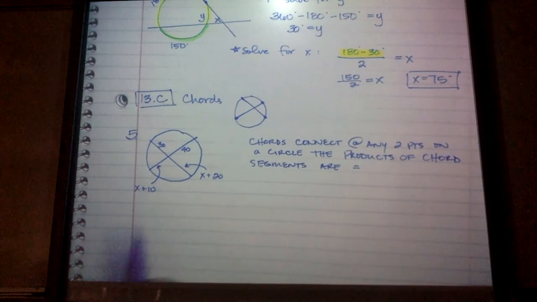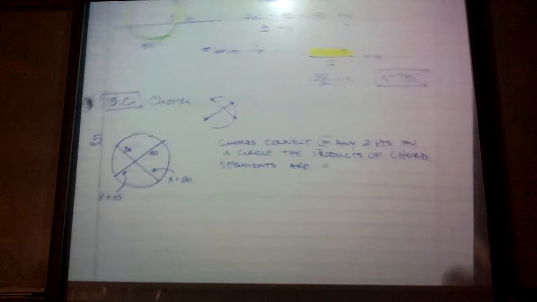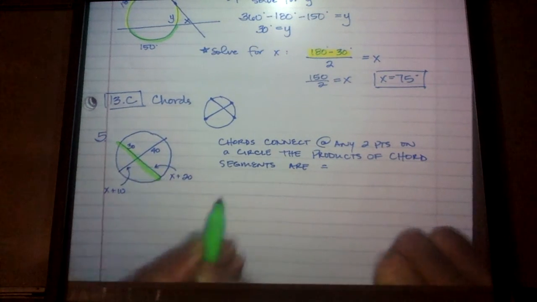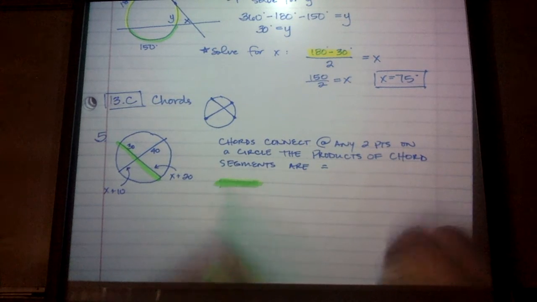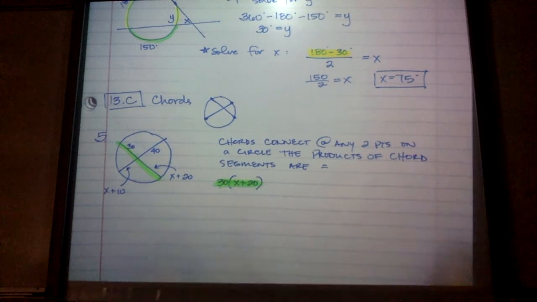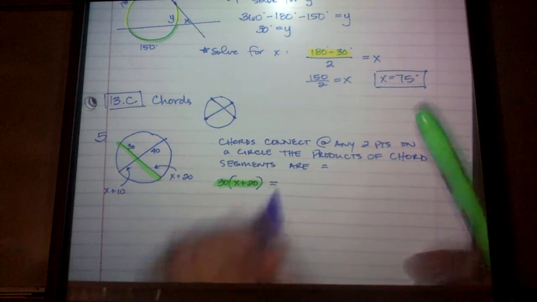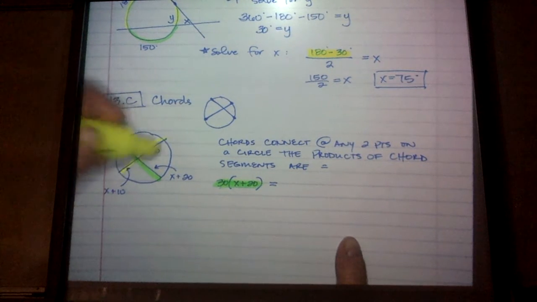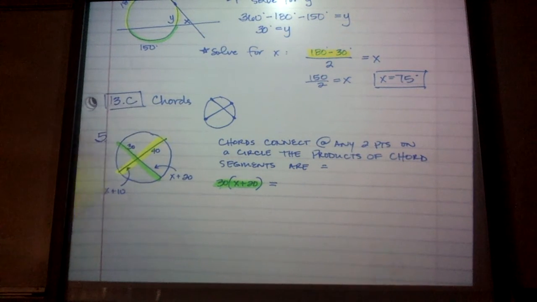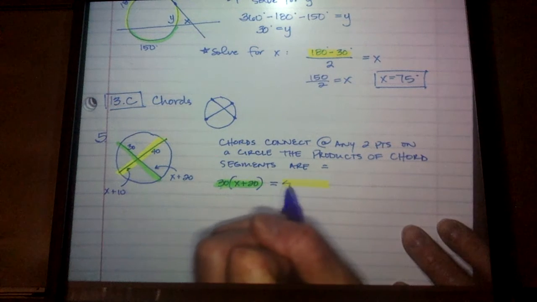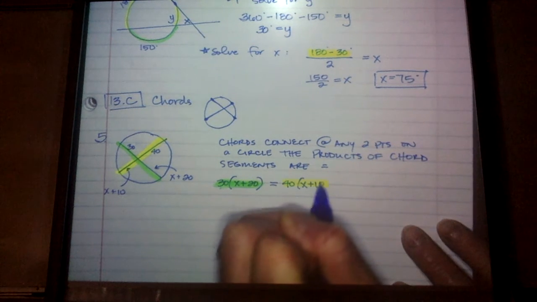So for example, I'm going to keep them chord segments, so the green chord would be 30 times x plus 20. And that must equal the product of the yellow segments. So you set them up together. The product of the yellow segments would be 40 times x plus 10.